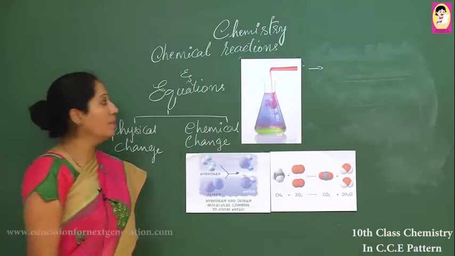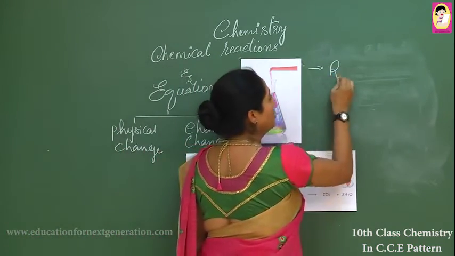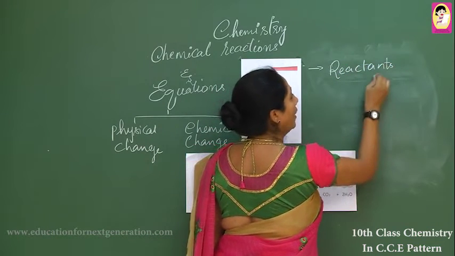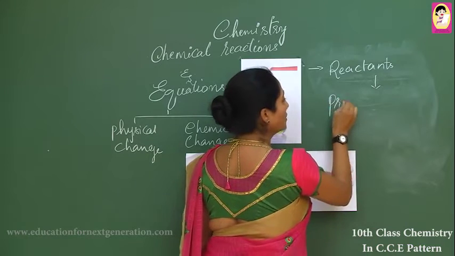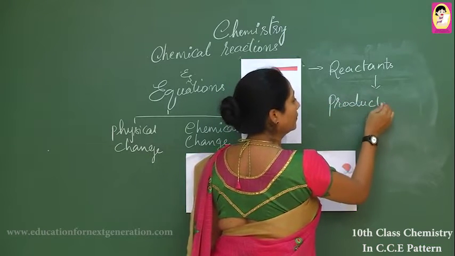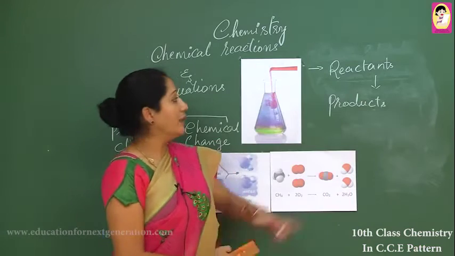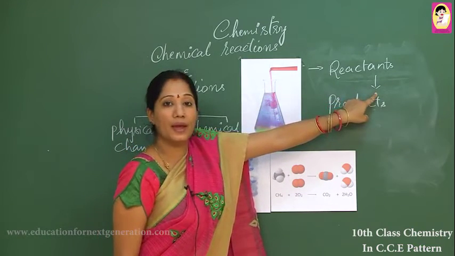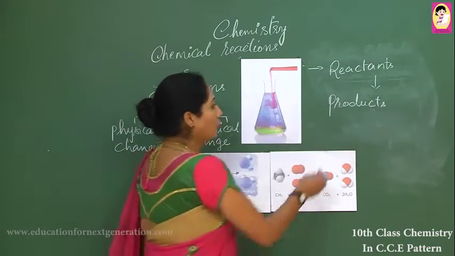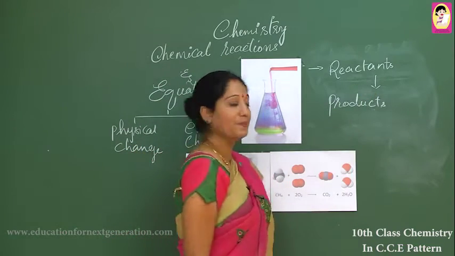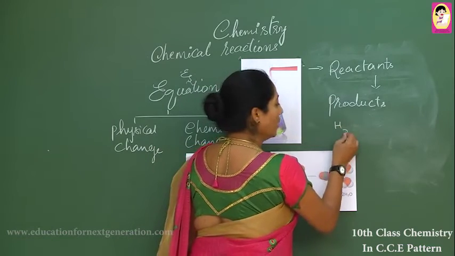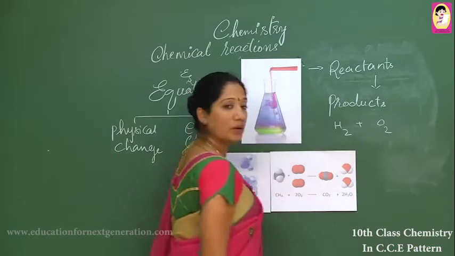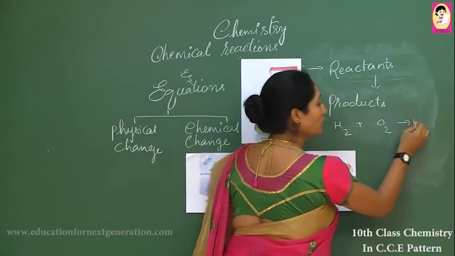Now let us go for the equations of the reactants and the products which are given. The reactants and products are separated by means of an arrow. During the course of a chemical reaction, take the example of hydrogen reacting with oxygen to give rise to a water molecule.